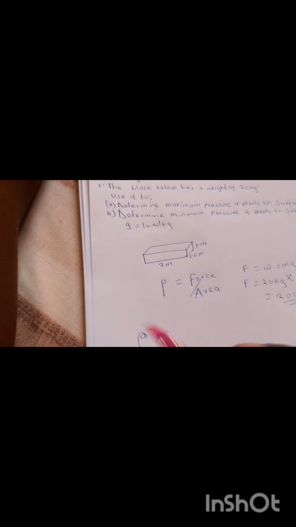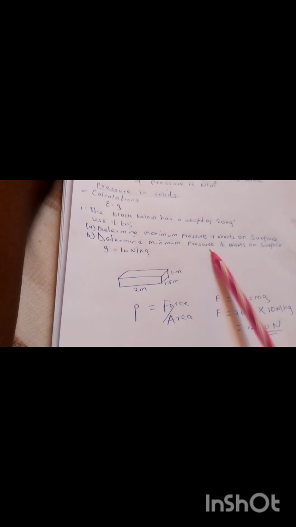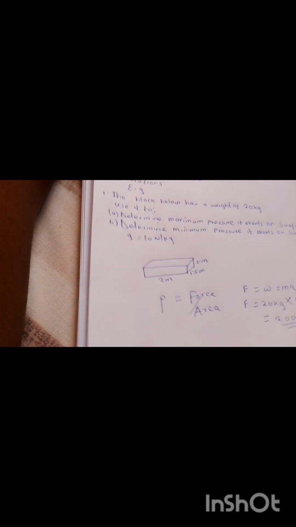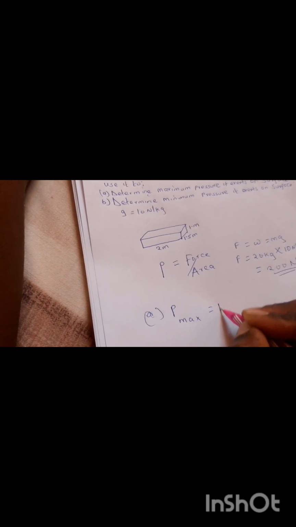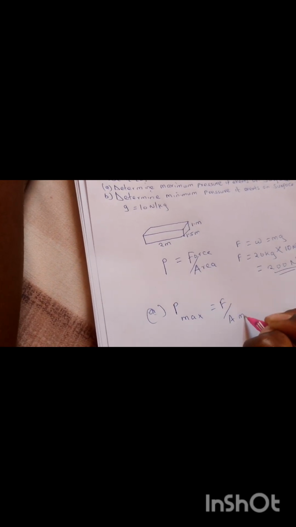And then we come here now, A, we are going to determine the maximum pressure it exerts on the surface. So pressure maximum is given as force over area minimum. So we have our force, which is 200 newtons, and our area minimum, we have to calculate for it.